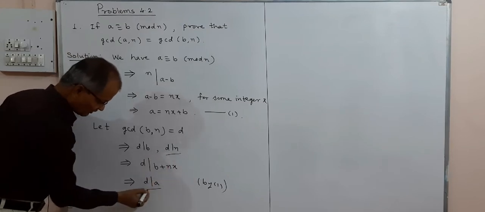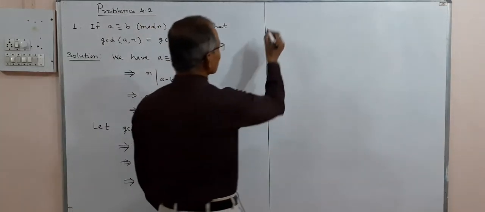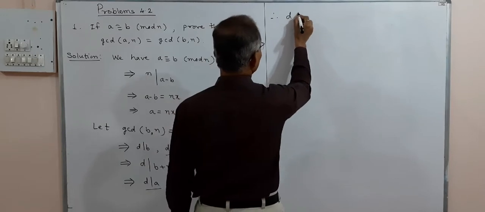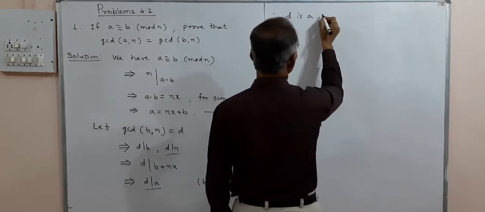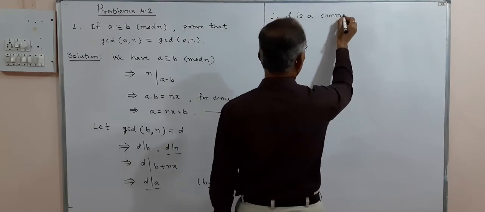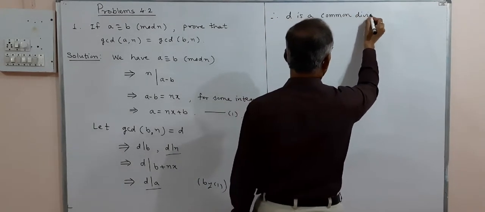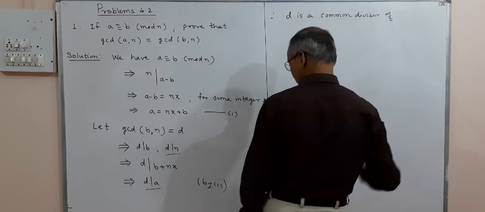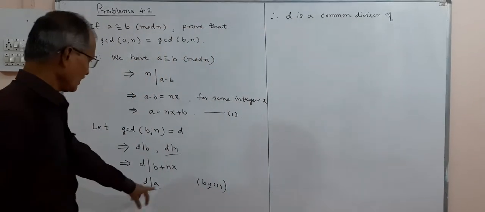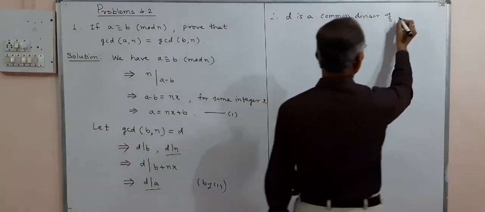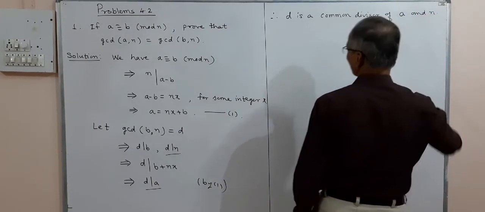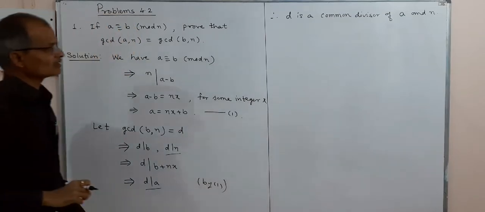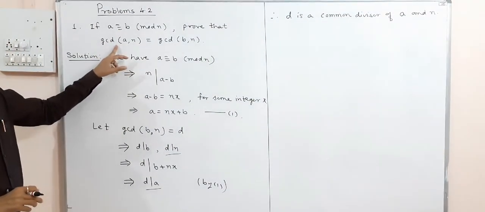So these two relations we shall consider. Therefore d is a common divisor of a and n. Now what we want to prove is d is the greatest common divisor of a and n.